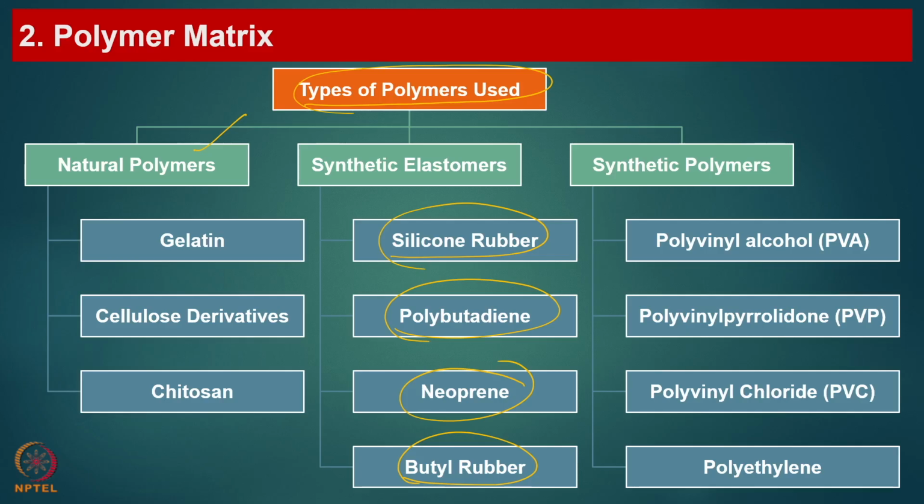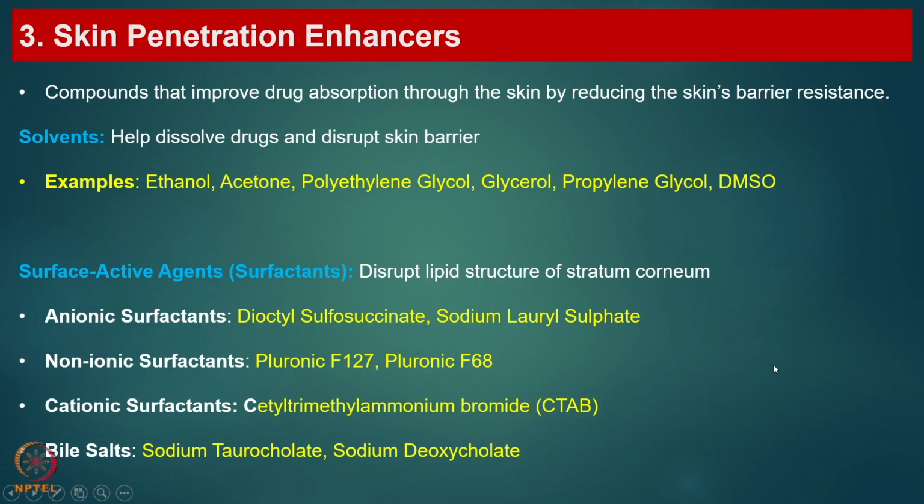So, these are the polymers we use as components in the development of various transdermal patches. And also synthetic polymers: polyvinyl alcohol, PVP, polyvinyl pyrrolidone, PVC, and also polyethylene. These are a few examples of the polymers which we can use in transdermal patches.